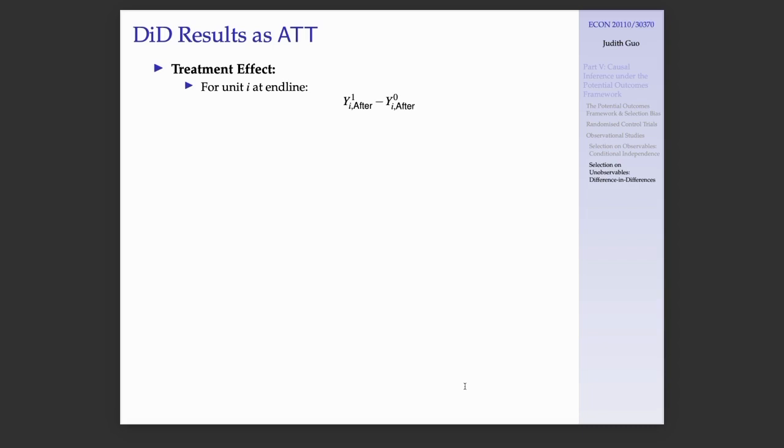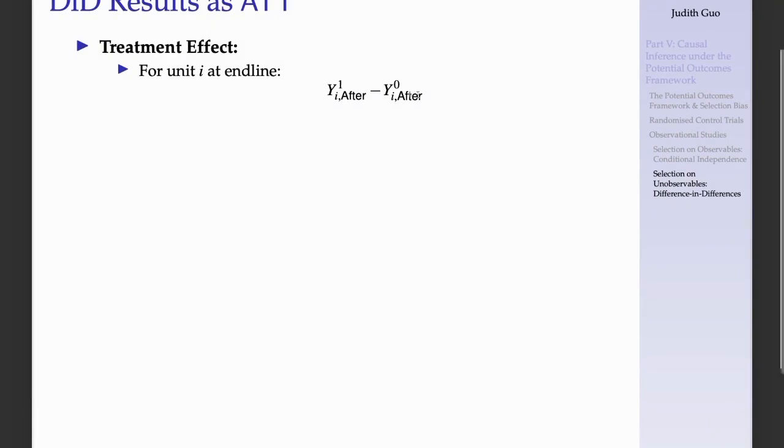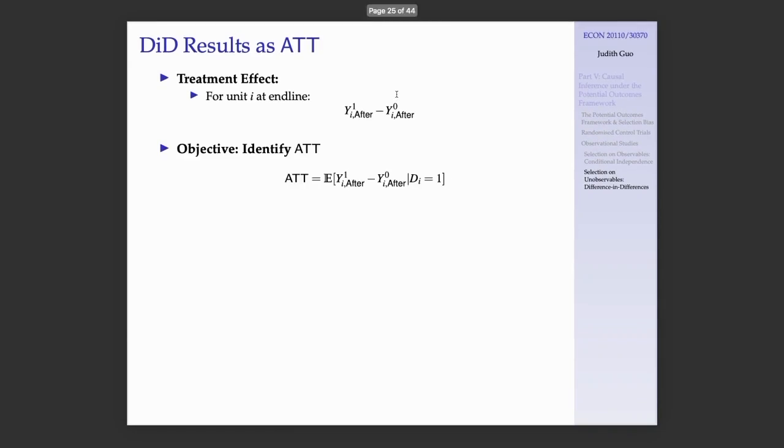It's just that one potential self is untreated and one potential self is treated at the end line. Therefore, we compare the after. So T corresponds to after, but Y1 minus Y naught. Now, to identify the ATT, basically we take the average of this difference and condition on those in the treatment group, so D_i being 1.